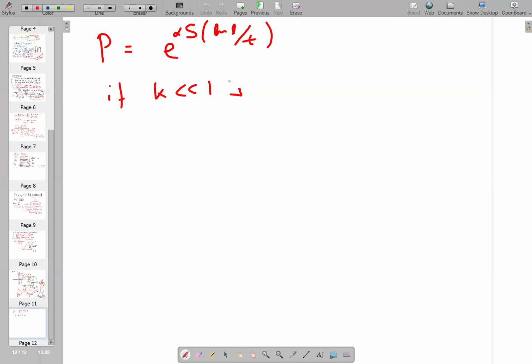If k is much smaller than 1, then p, it was log normal, right?